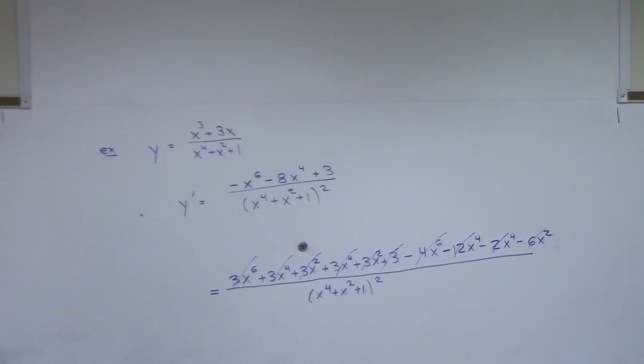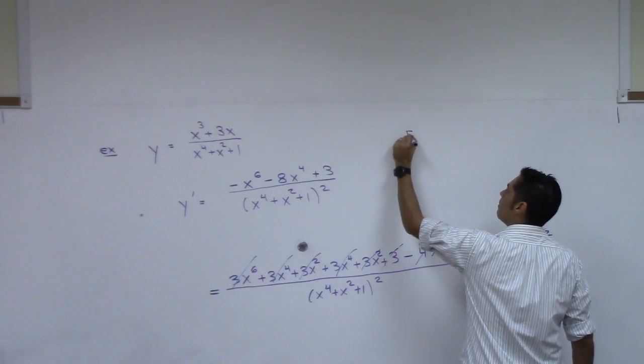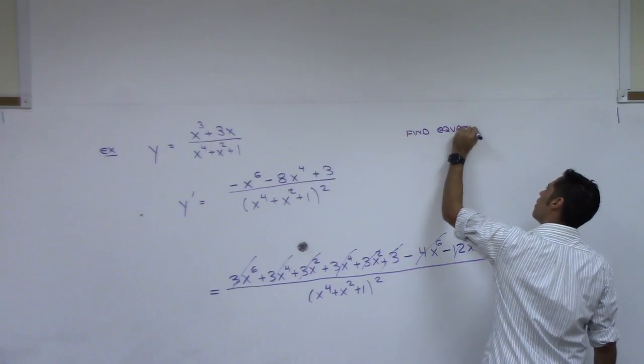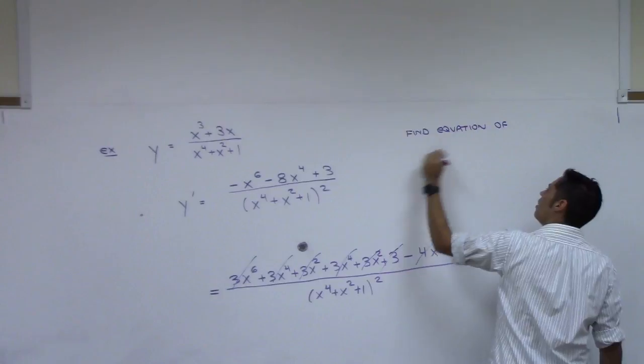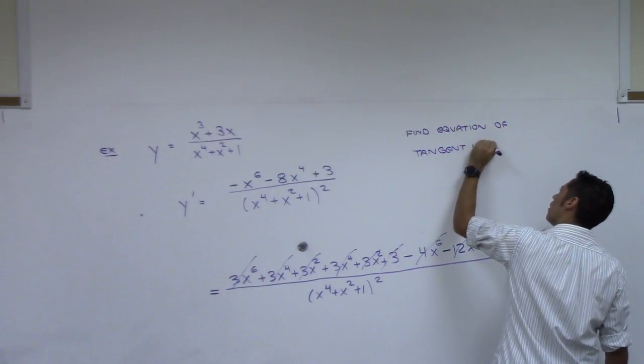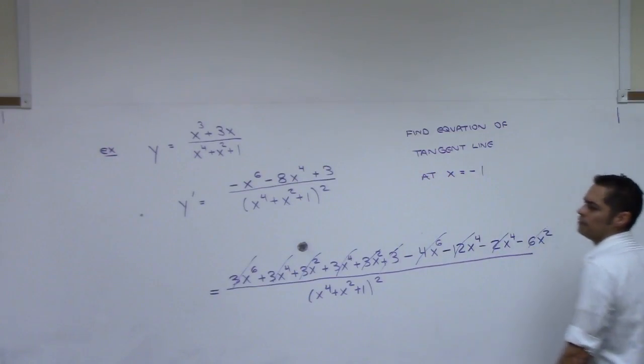Okay, I have one additional thing I want to add to this. All right, we got the derivative. Now here's what I want you to do. Same problem. Find the equation of the tangent line at x equals -1.